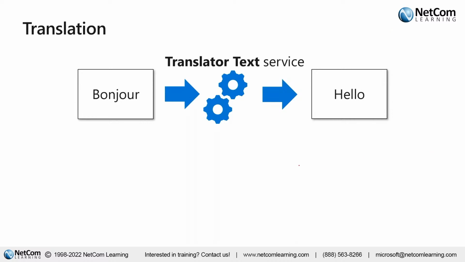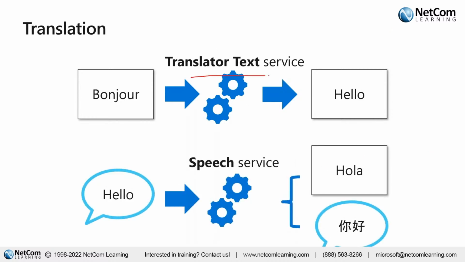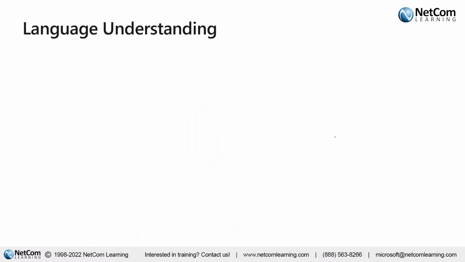First will be text translation, then we can also use the speech service to have the speech to text and text to speech combination that we spoke about in the previous slides, to achieve this solution.